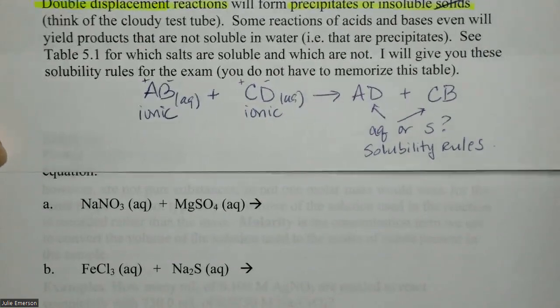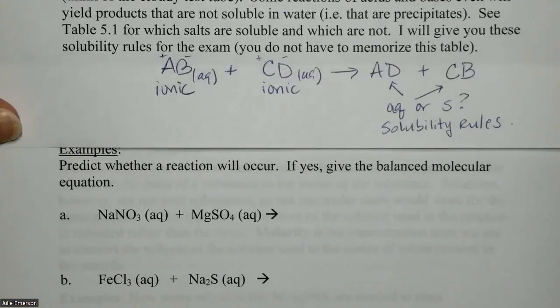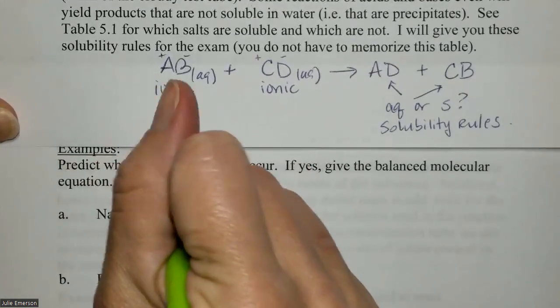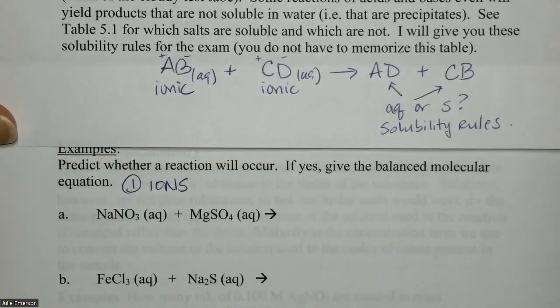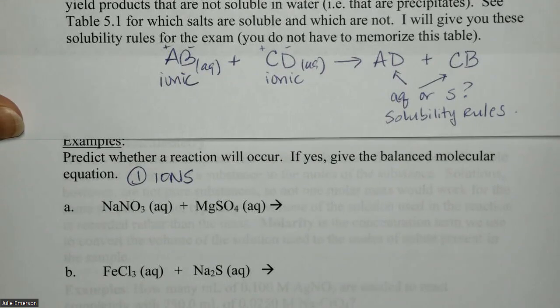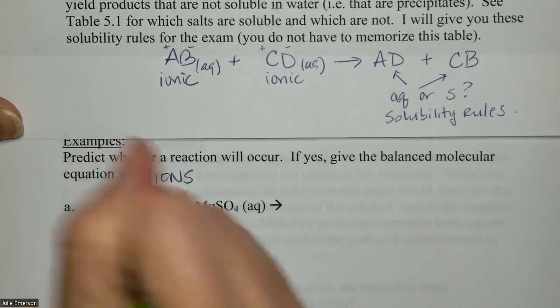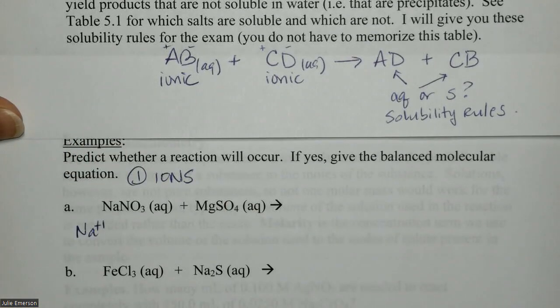So what I need to do, and I think this is the majority of getting it right, is step 1, identify what your ions are. Understanding those ions is huge. If you were wondering in nomenclature why I asked you what the cation was and what the anion was, this is why, because I knew where we were headed. So your cation here, sodium, group 1 alkali metal, +1 charge.